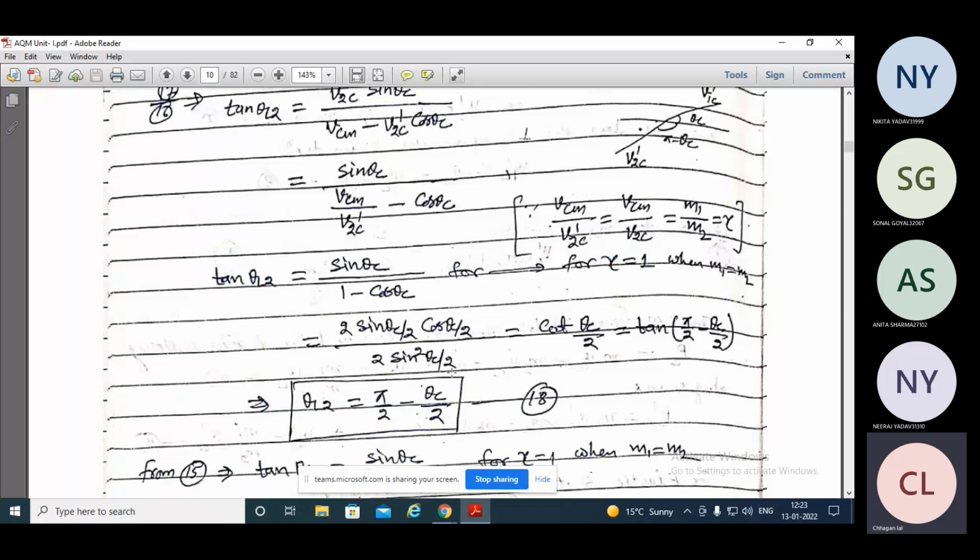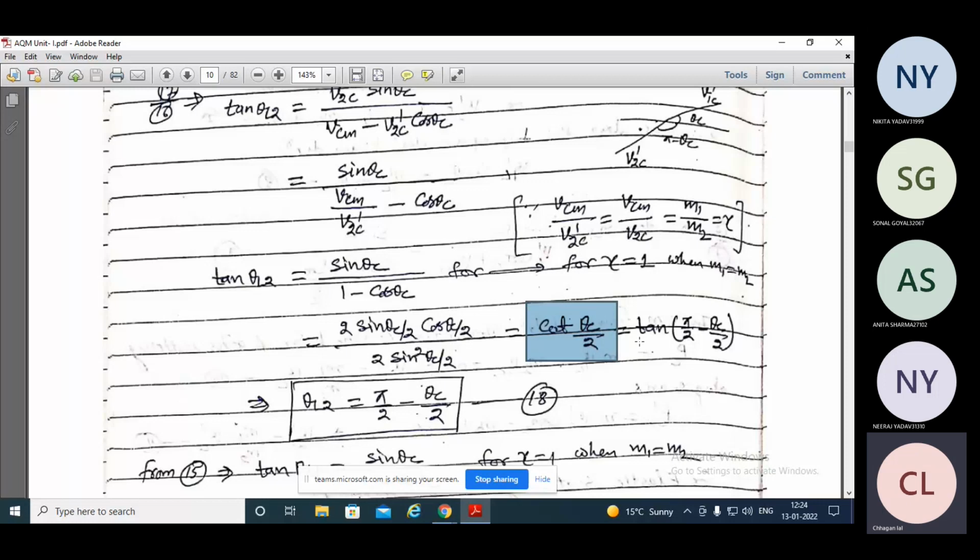So now there is one more term: sin theta C by 2 cancels out. So there is only one term, cos theta C by 2 over sin theta C by 2. So we can represent here cot theta C by 2.